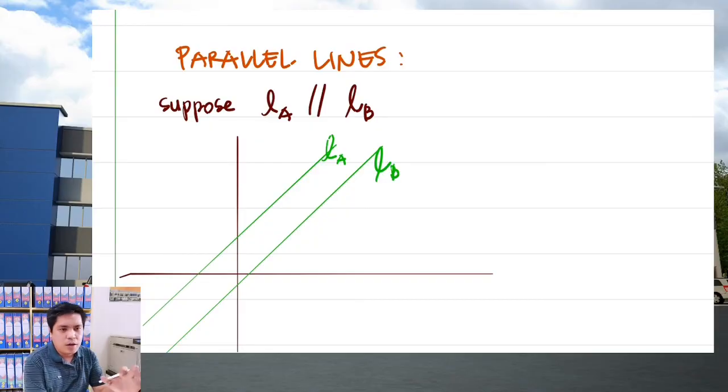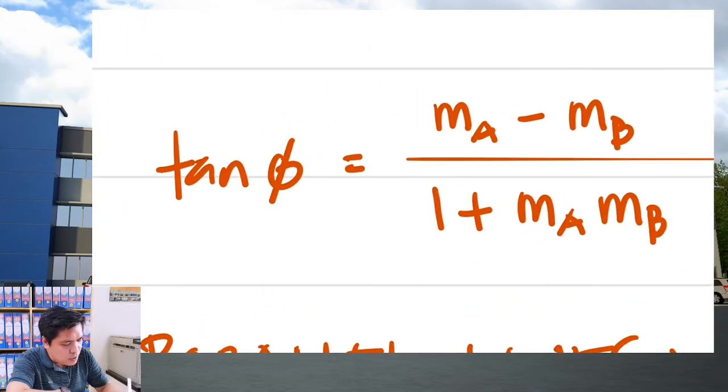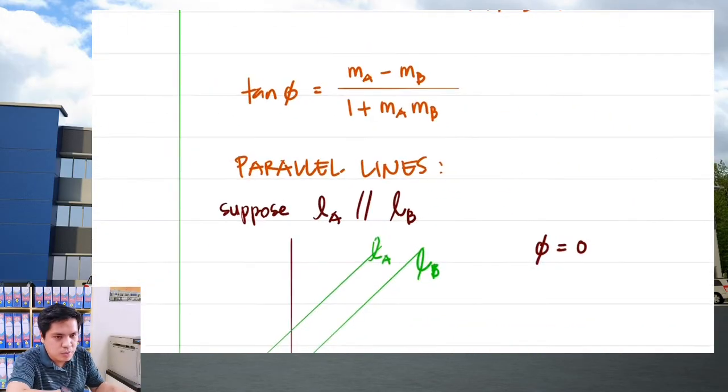So if they are parallel, that means they don't have an angle of intersection. Kasi pareho sila ng inclination. So if they are parallel, the angle of intersection between them is 0. Okay? Now, since we have this formula, let's just change this to 0.